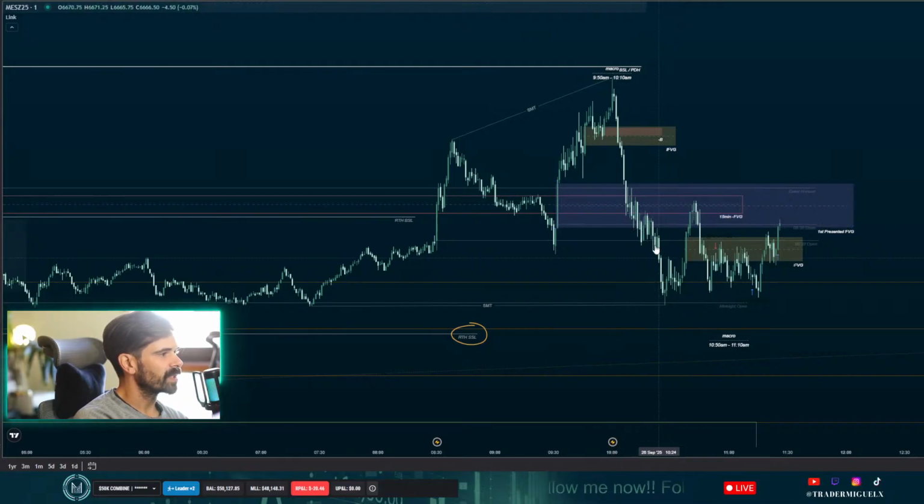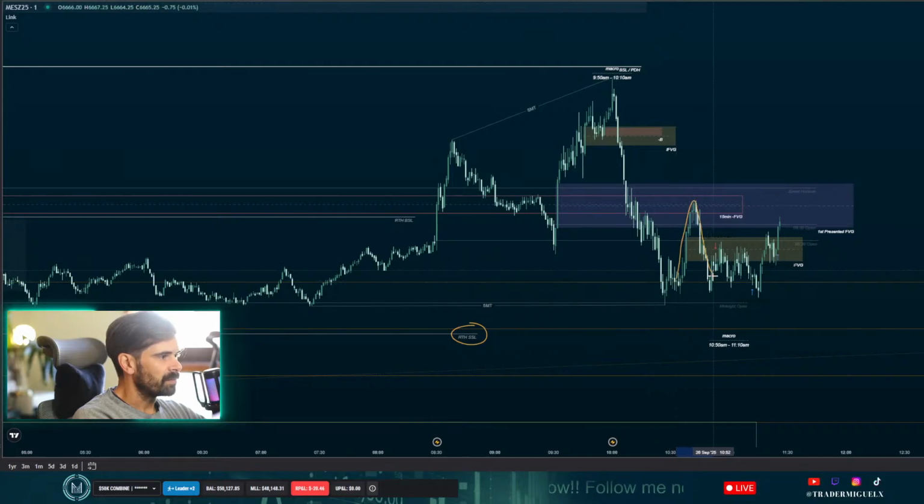And when it reached midnight open, I decided not to enter at all. Then I was expecting a retrace back into the first presented fair value gap, followed by another hit to the downside, but it never came.